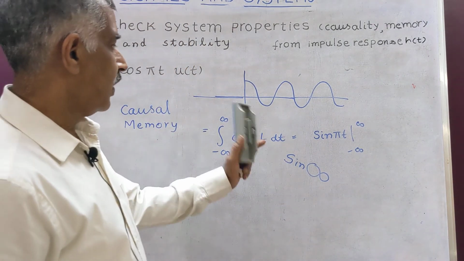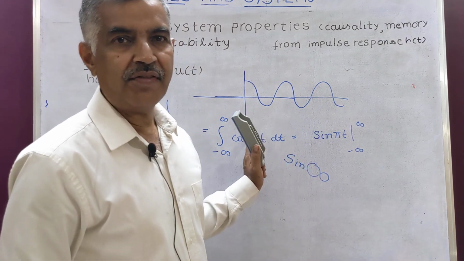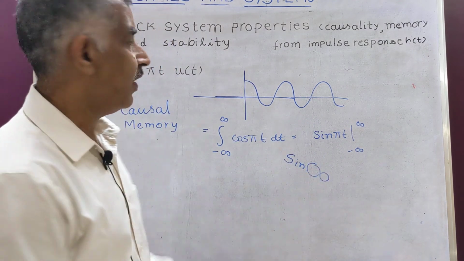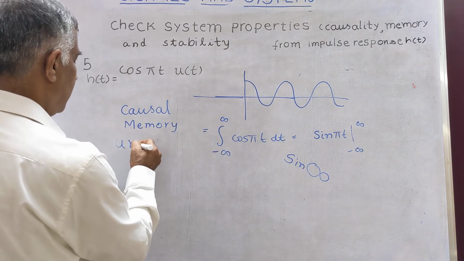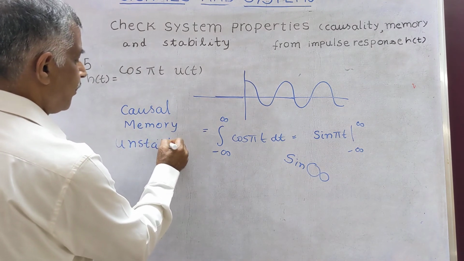Therefore, you can't predict the value of the integration. Hence, it is unstable.